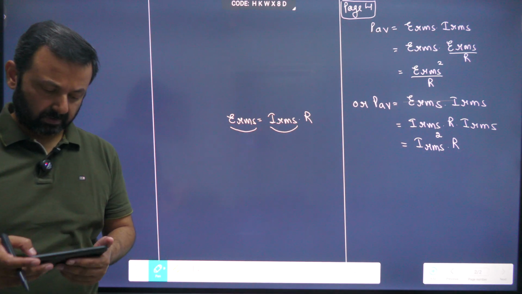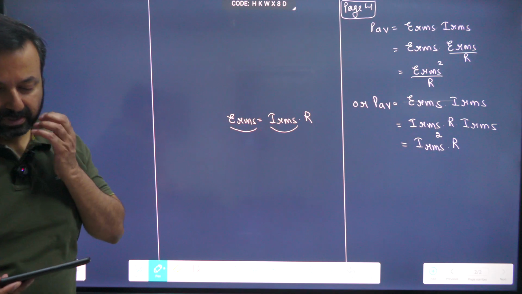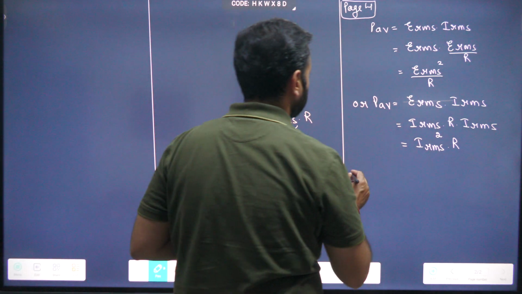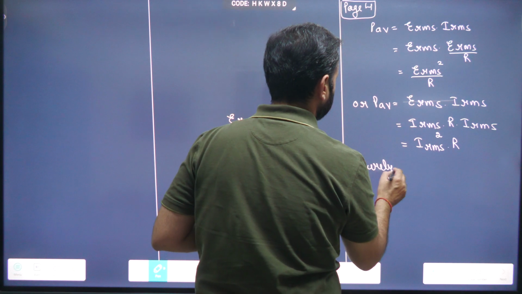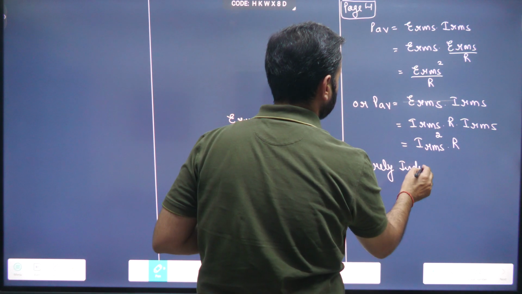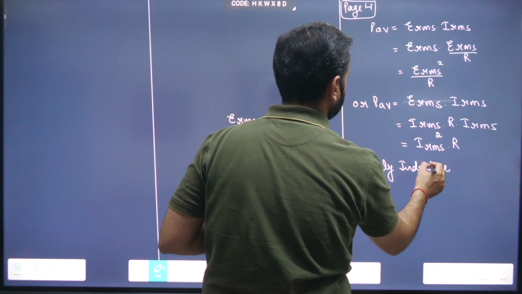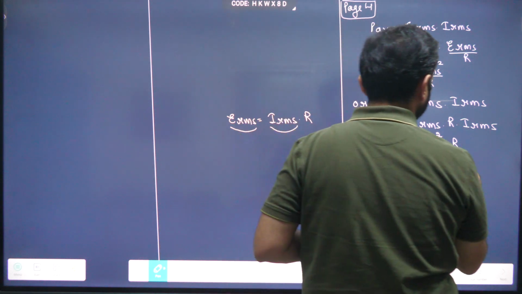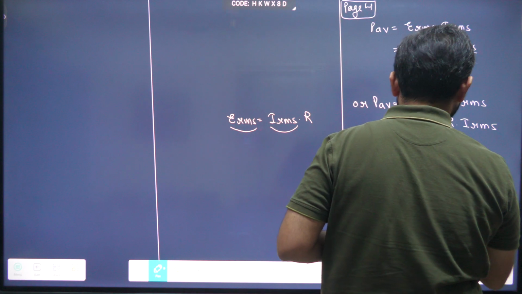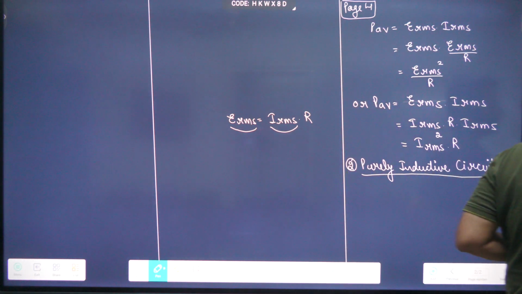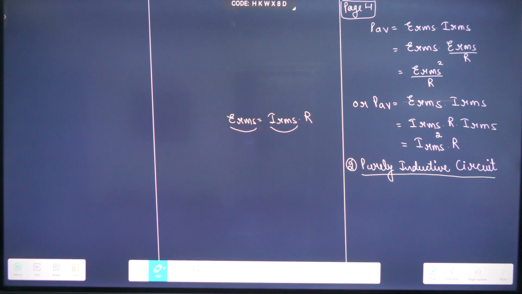Now the second case is the purely inductive circuit.